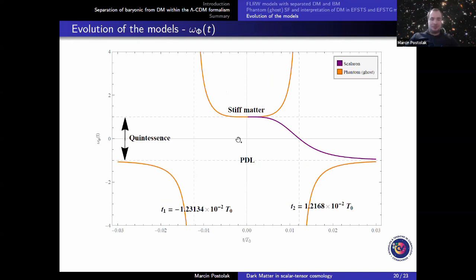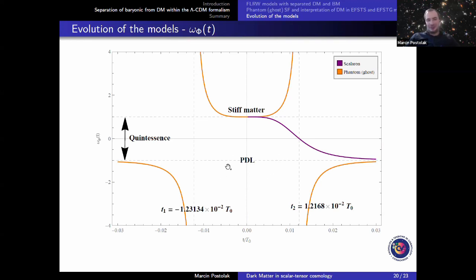Okay, and here you can see the evolution of the scalar field equation of state parameters. In the case of the scalaron field, we obtain behavior similar to the quintessence scenario. After the big bounce, omega is 1, so we obtain the stiff matter era. Then we go to the standard dust evolution, so omega is 0, and at late times we go to -1.